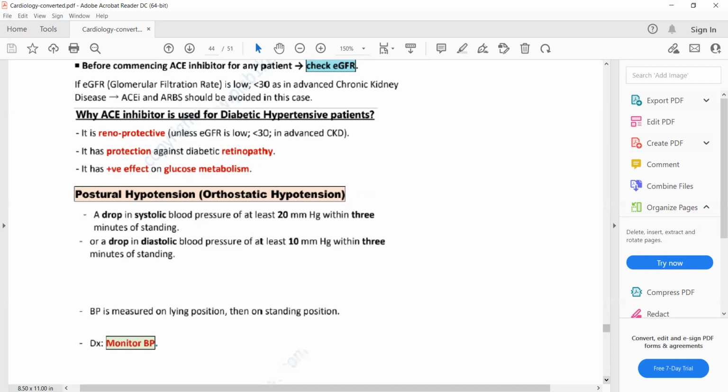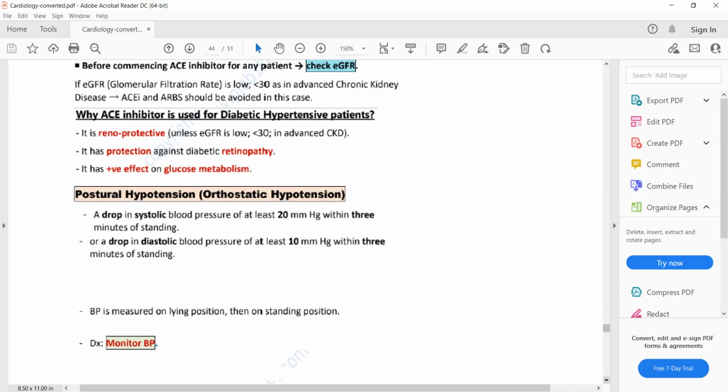Now, what is postural hypotension? Postural hypotension is hypotension on changing the posture. For example, if a patient stands up from a sitting position, a drop of systolic blood pressure of at least 20 mmHg within 3 minutes of standing is known as postural hypotension.